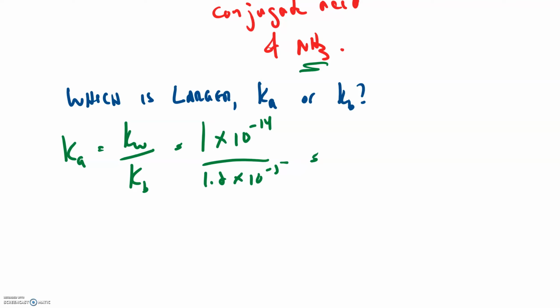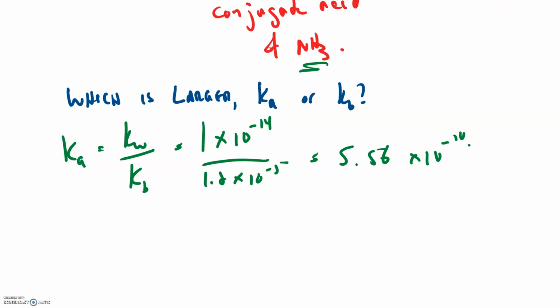1 times 10 to the negative 14th divided by 1.8 times 10 to the negative fifth. We get 5.56 times 10 to the negative 10th.